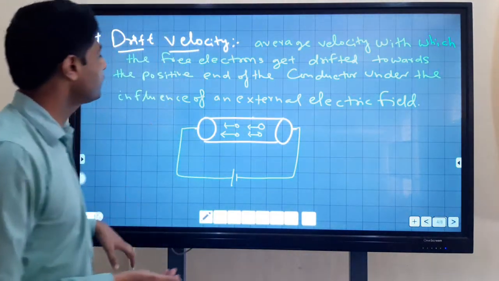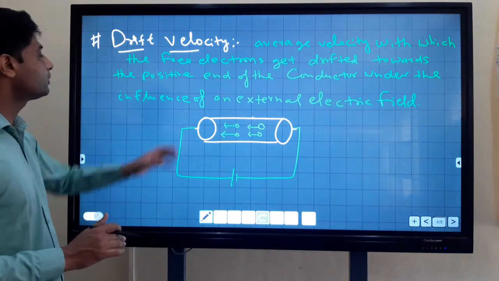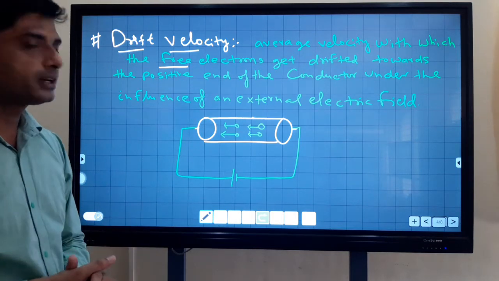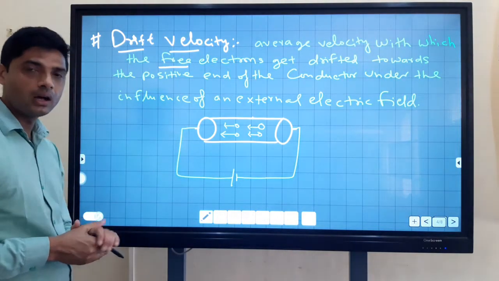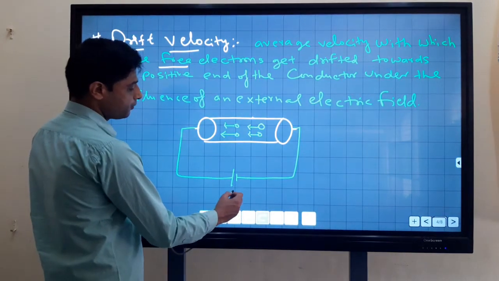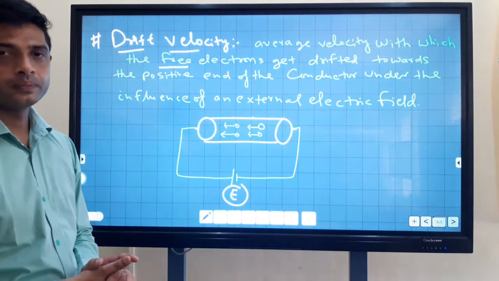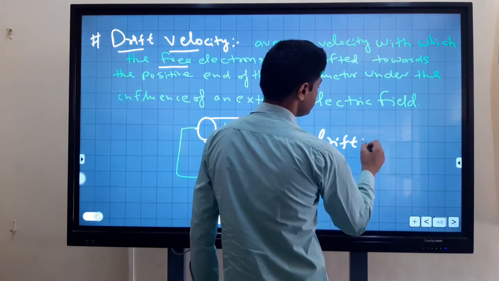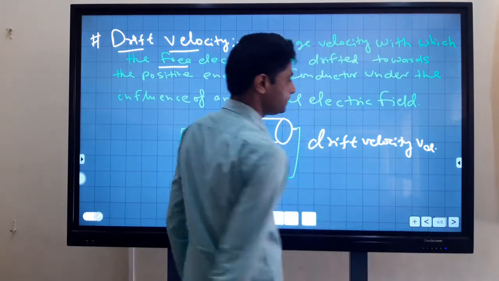Drift velocity is the average velocity with which the free electrons drift towards the positive end of the conductor under the influence of an external electric field. The symbol of drift velocity is Vd.